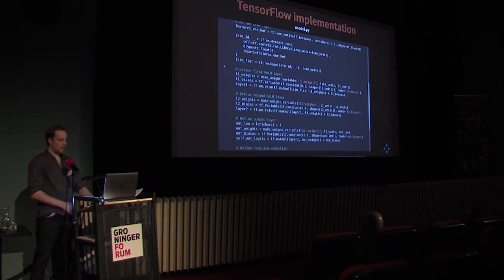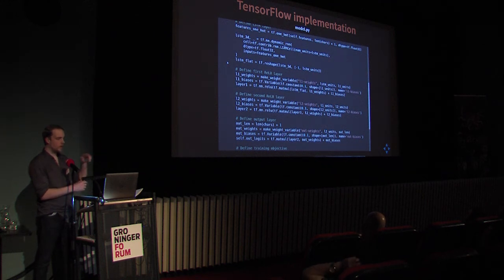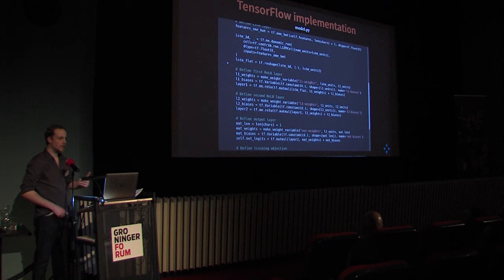But we need to flatten it, and this reshape operation here will transform it into a 2D matrix where every row is just one time step, all these outputs for one time step, and we're concatenating all these time steps of all these examples under each other. We can reconstruct it later.